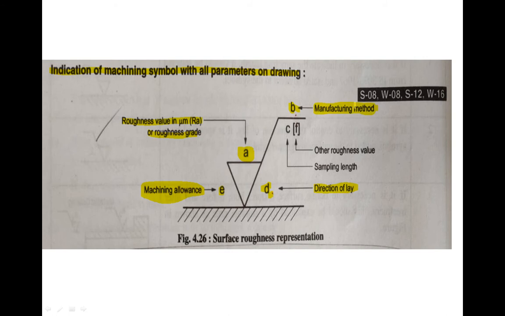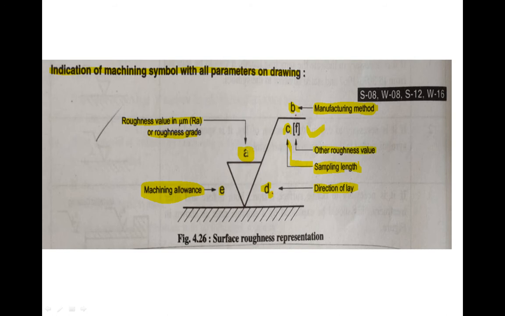These are the manufacturing methods specified on the horizontal line. Then next, C. So what is this? C is the sampling length. What is sampling length? This is the length taken for calculating the surface roughness, and F is the other surface value which is shown in brackets.